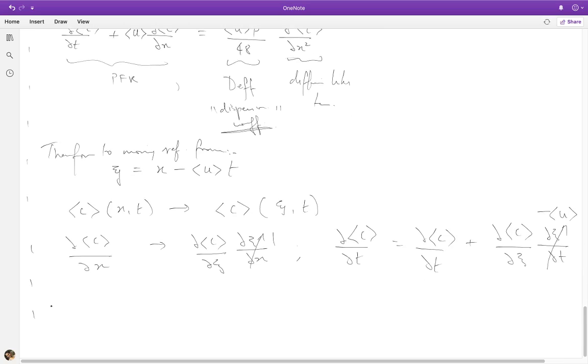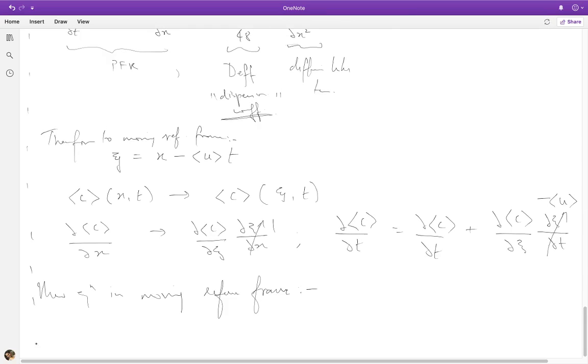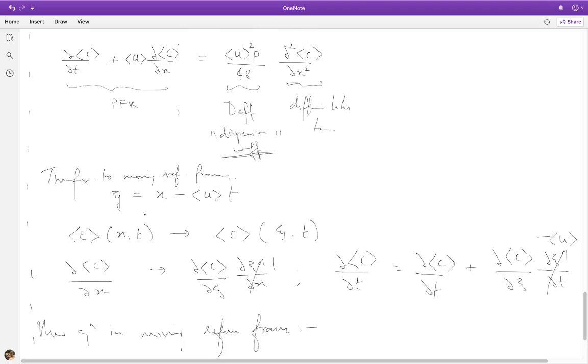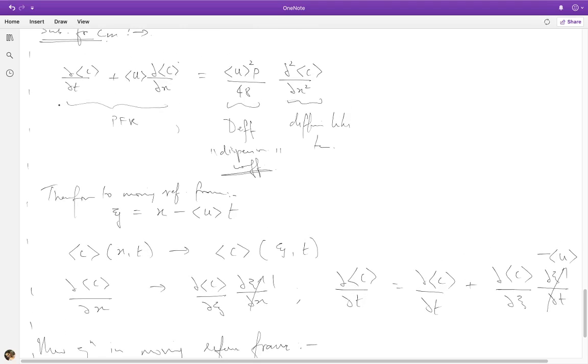So then the new equation in the moving reference frame, what does that become? Well, dc dt survives, and this term just remains as u.